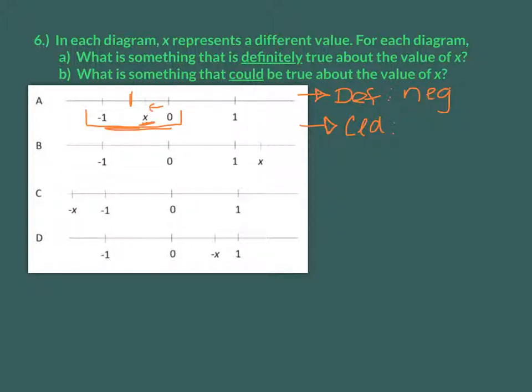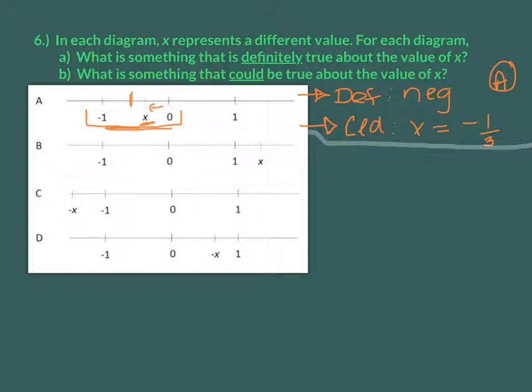So that would make it that it could be that x is equal to negative 1/3. Now again, do I know that that's an absolute truth? I do not. But it seems pretty reasonable given what I can see right here. So there you go. That is part A.